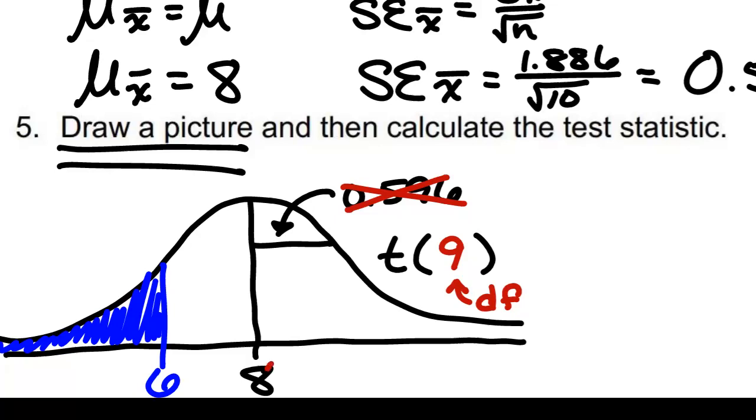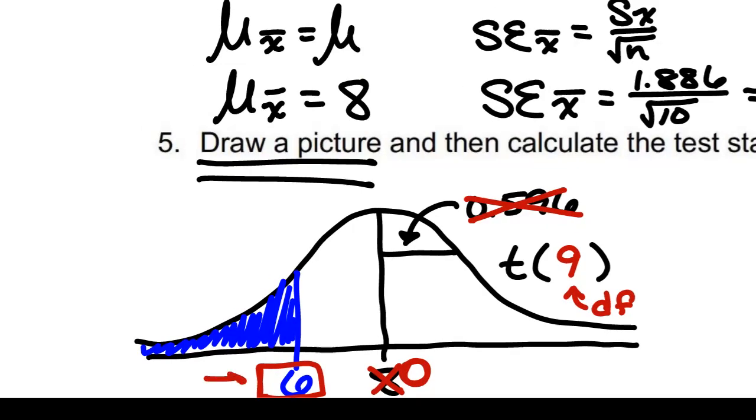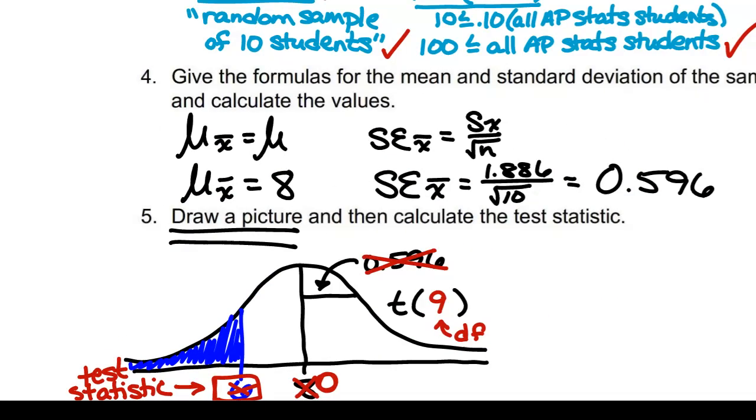So instead of 8 right here, we put a mean of 0. And over here, we are going to put our test statistic. So we're not going to put this either. We need to go and find our test statistic.